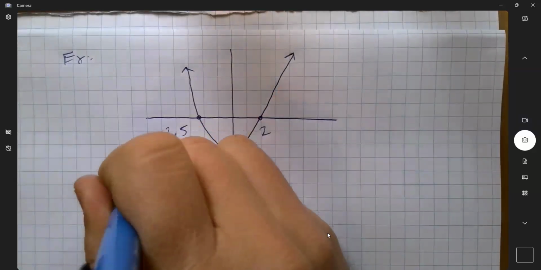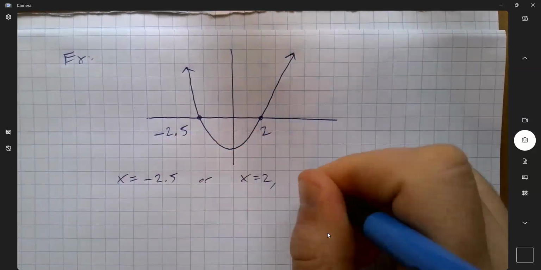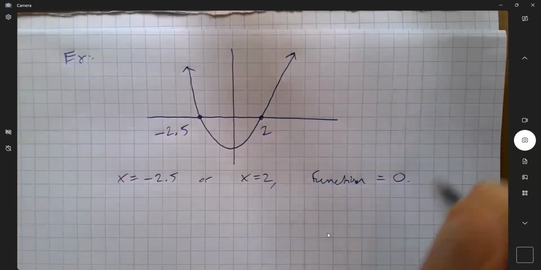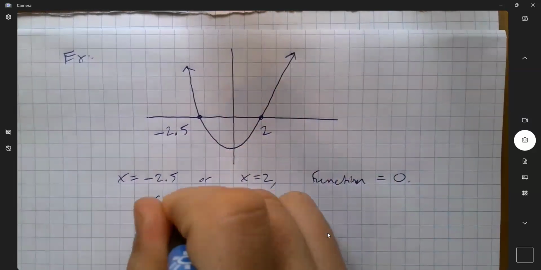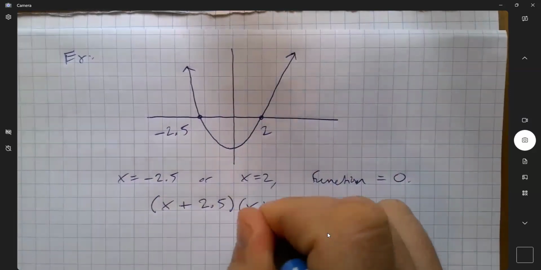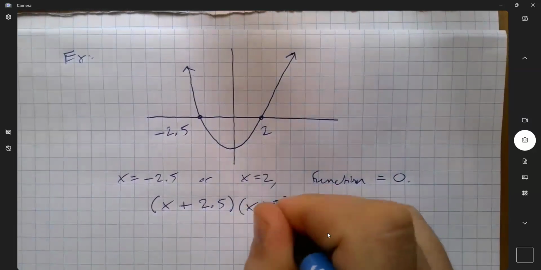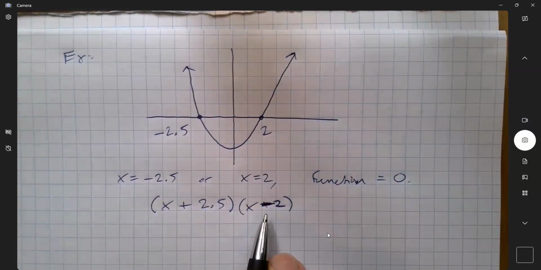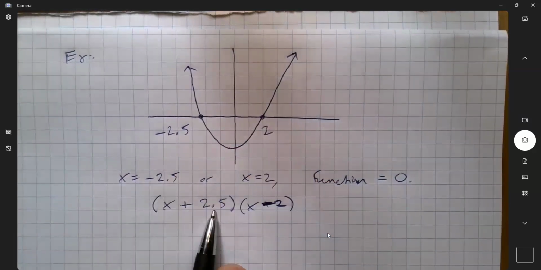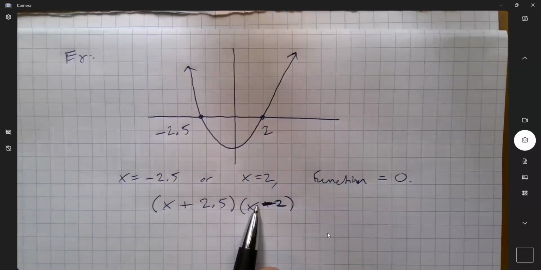That means when x equals negative 2.5 or x equals 2, the function equals 0. And that means my factor x plus 2.5 times x minus 2 will build a quadratic function that has these x-intercepts. Because negative 2.5 plus 2.5 is 0, and positive 2 minus 2 is 0.